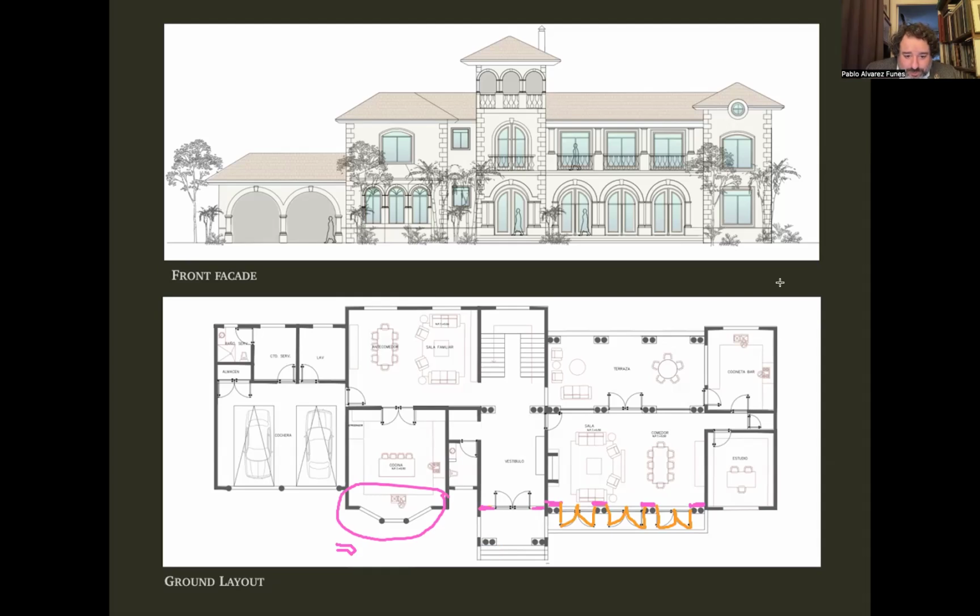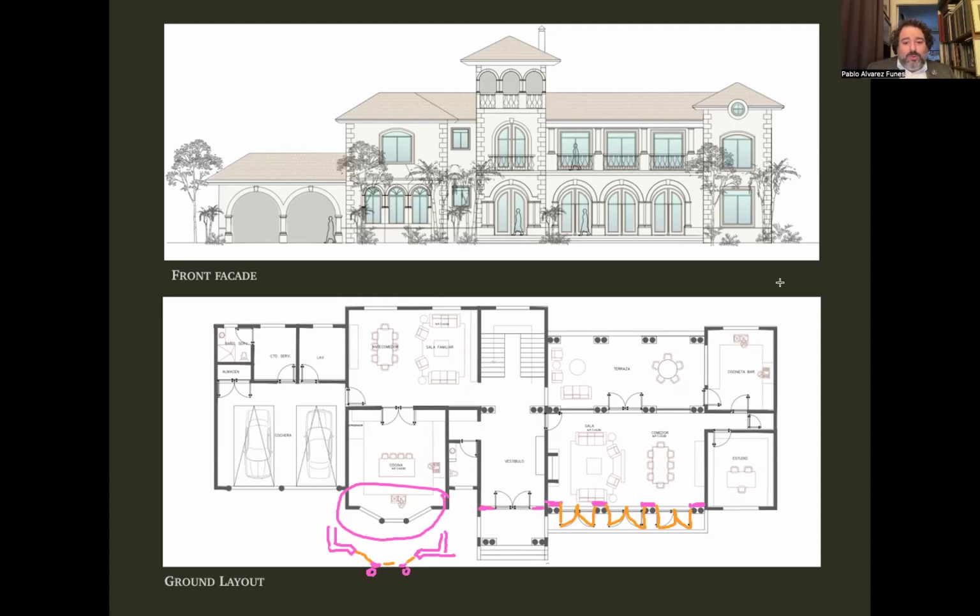Because you will need your little portion of wall, then your column, then your portion of wall, your column, and then your little engagement to do this. And then obviously you will have your windows behind. So that's on one side.